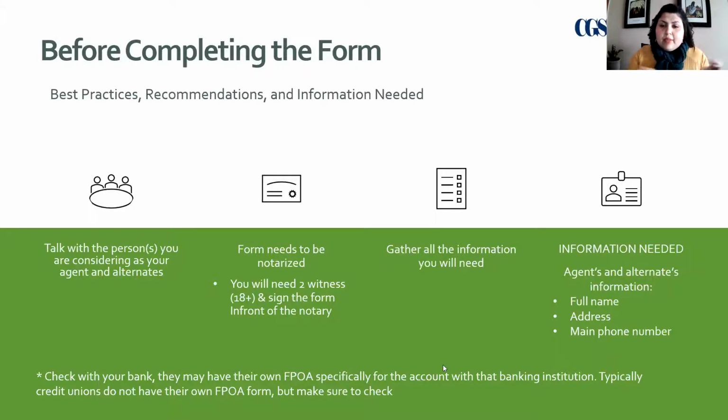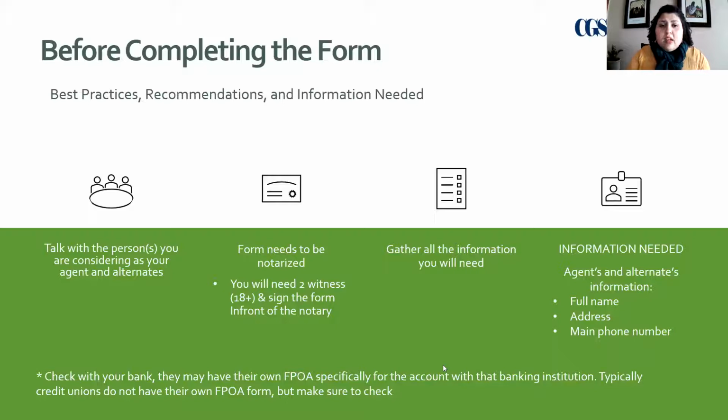So we want to make sure that you still get the support that you need, but it's not compromising your finances. So I do have a question about credit cards. So yes, you do want to check with your bank and see what that process is for your credit card. So any account that you have with the bank, whether it's checking, savings, a CD, an IRA, all of those.